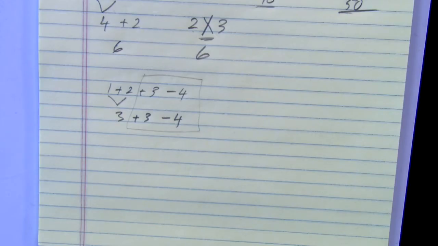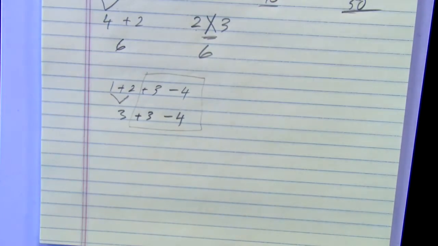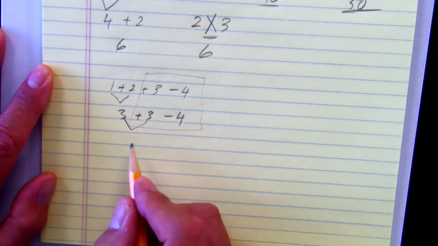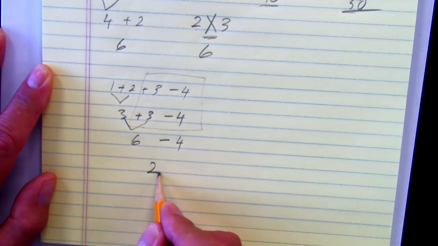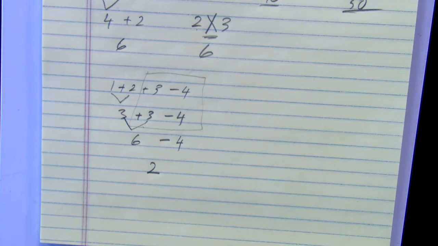When you start scrunching everything together and making it sloppy, you're asking for mistakes. I'm kind of overplaying it maybe here, but I hope you get the idea. Now next we will add the 3 plus 3. It's 6 minus 4, and that gives us a 2. All right? You see how we worked from left to right here.